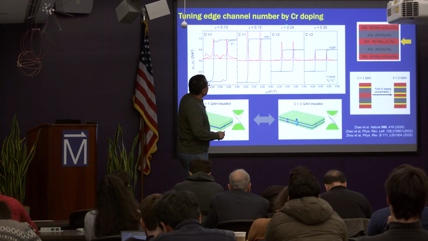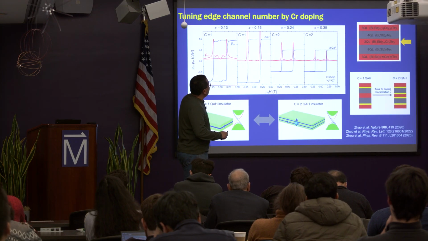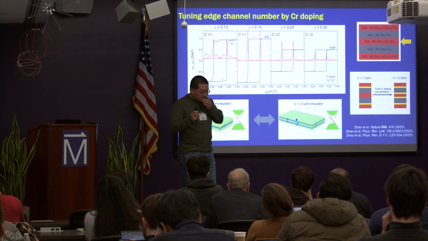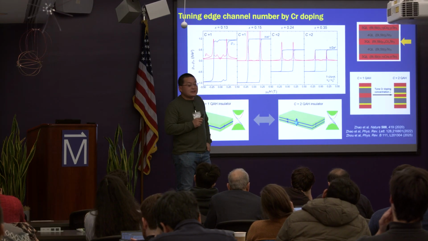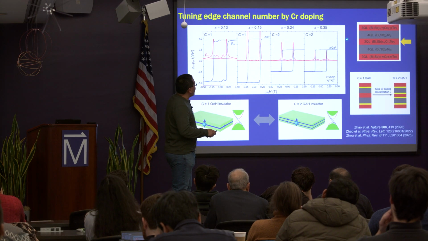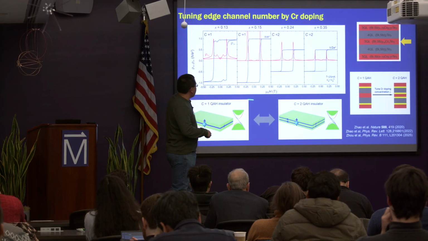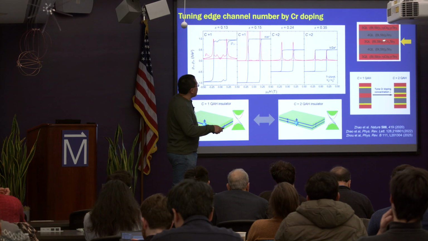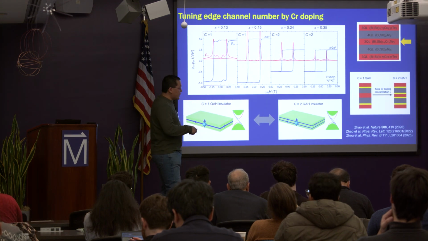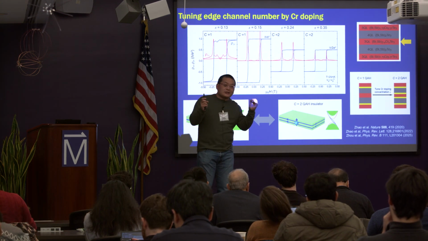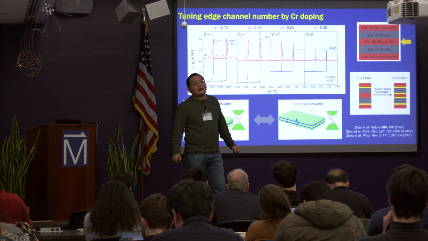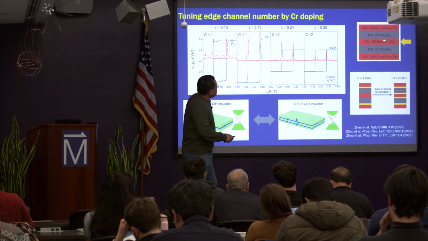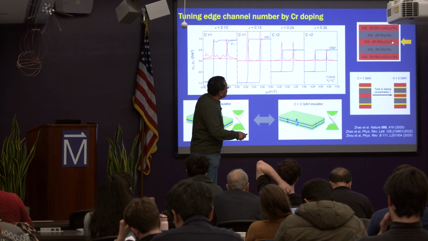When the chromium doping level is 0.24 and 0.35, the Hall resistance is quantized at h/2e². Here is the theoretical picture. Here is a schematic. With increasing chromium doping level, we can tune the C = 1 quantum anomalous Hall insulator to become a C = 2 quantum anomalous Hall insulator.